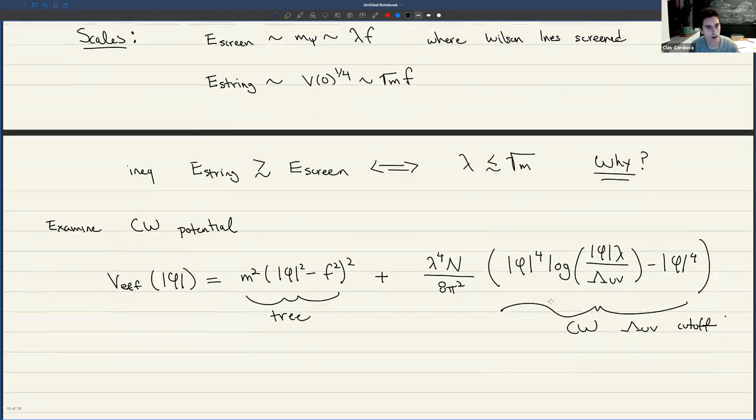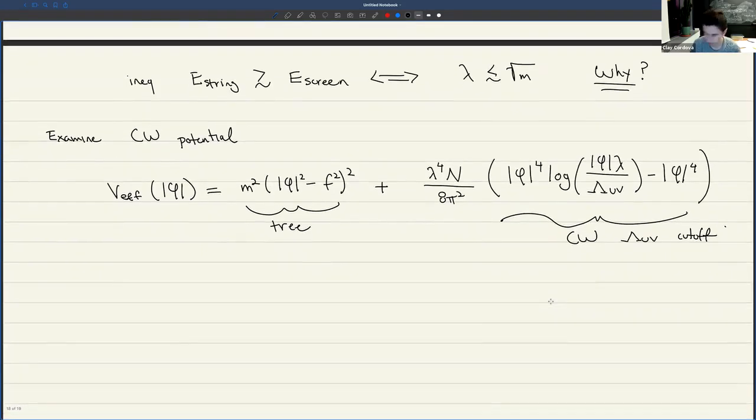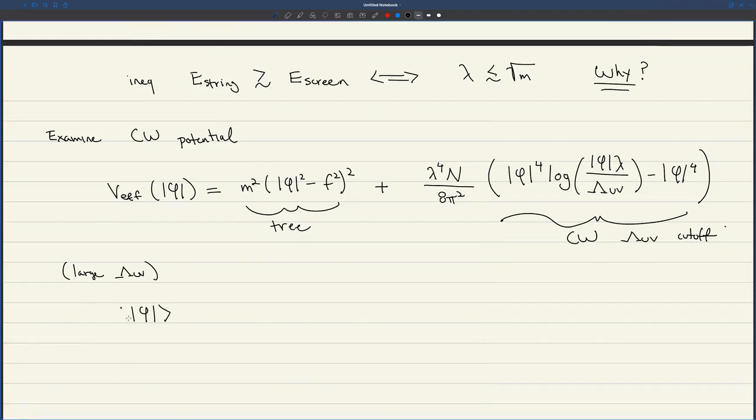Okay, so now you could ask, where is the true minimum for the scalar field phi? So let's look in large cutoff. The true minimum for phi. And this potential was obtained by integrating out the fermions. Exactly, yes. The fermions are quadratic, easy enough to integrate them out.